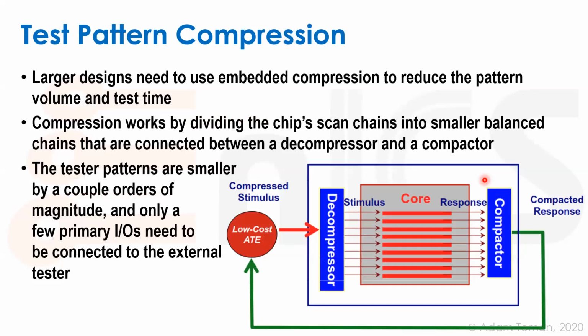So that being said, now we know that we can put these scan chains in. Now we want to make it even smaller, and quite a few years ago they invented something called test pattern compression.